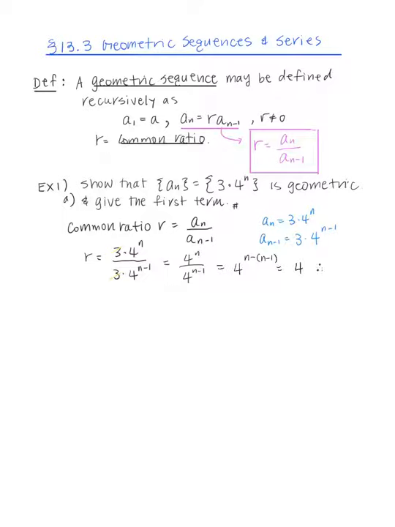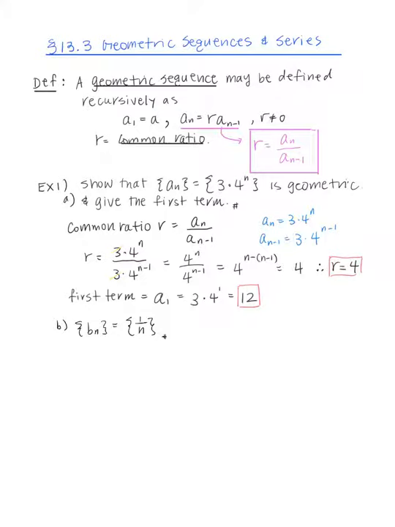Therefore, we're able to find our common ratio to be a constant 4. So yes, it is geometric. Let me box that. Now let's go with the first term. It is a sub 1, which is nothing but 3 times 4 to the first, so it's going to be 12.